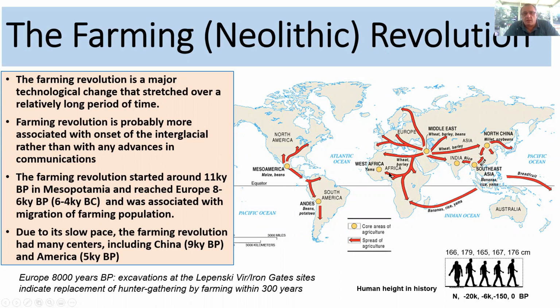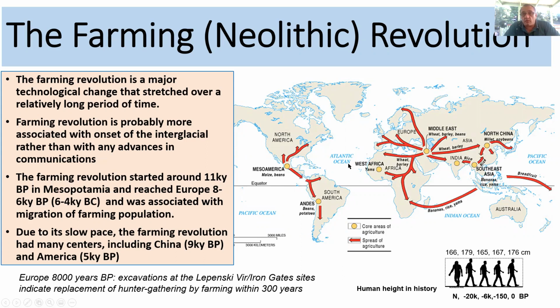As you can see, farming started in the Middle East and was propagated to other regions, quite slowly. And because of the slow pace of propagation, there were other independent centers where farming was invented, in China, in Africa, and in America.